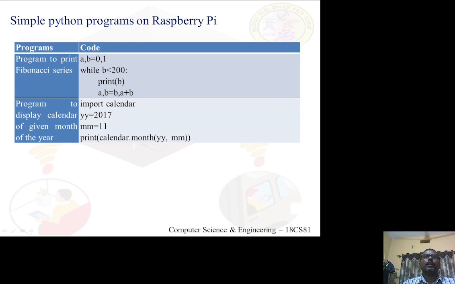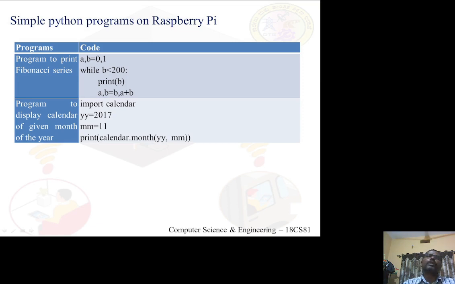Now, here you can see a Python code to print Fibonacci numbers, until the Fibonacci number we print is less than 200.